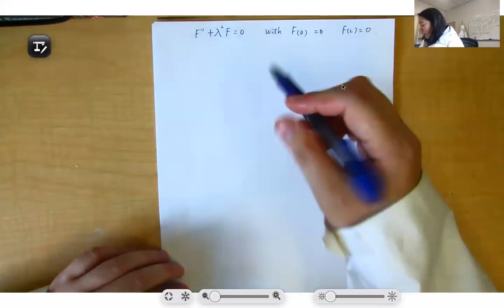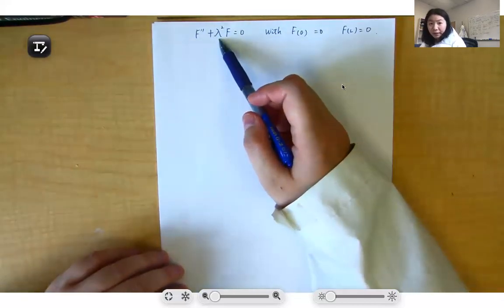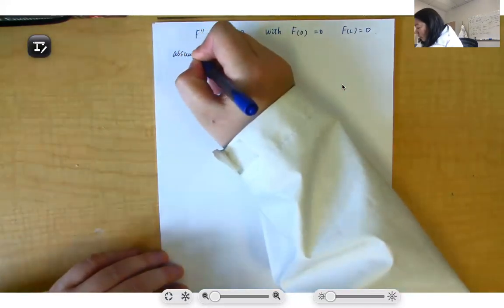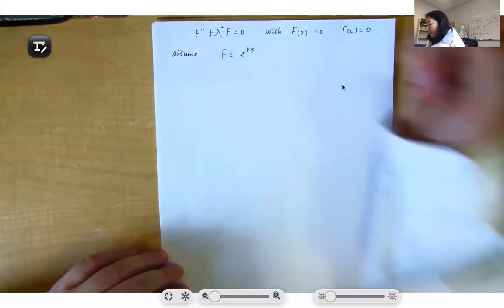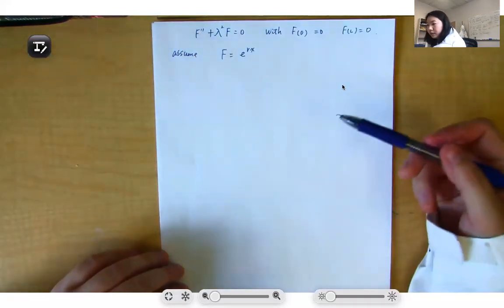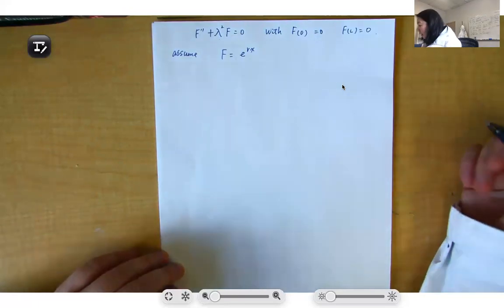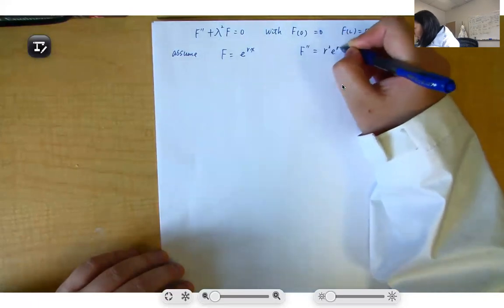And since this is a constant coefficient ODE, we assume that f will be equal to e to the rx, because the solution set will look like an exponential function. Then f double prime will be equal to r squared e to the rx.